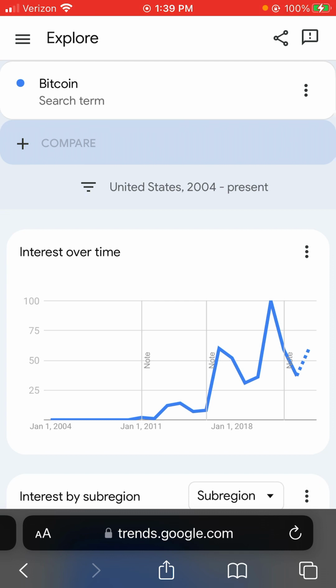I mean, the most reasonable thing that comes to mind is this is just blatantly illustrating just how unknown BTC USDT, the software known as Bitcoin, still is.